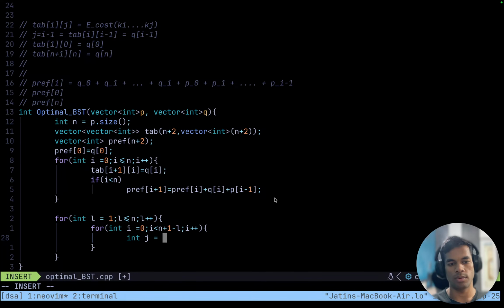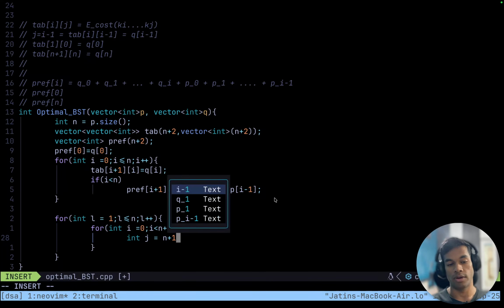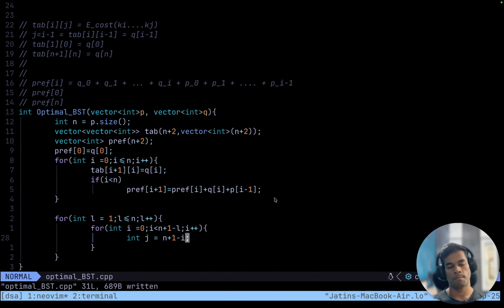And int j will be equal to n plus 1 minus I. If n is equal to 2 and L is equal to 1, will be same. Yes, true. Cool. Okay.